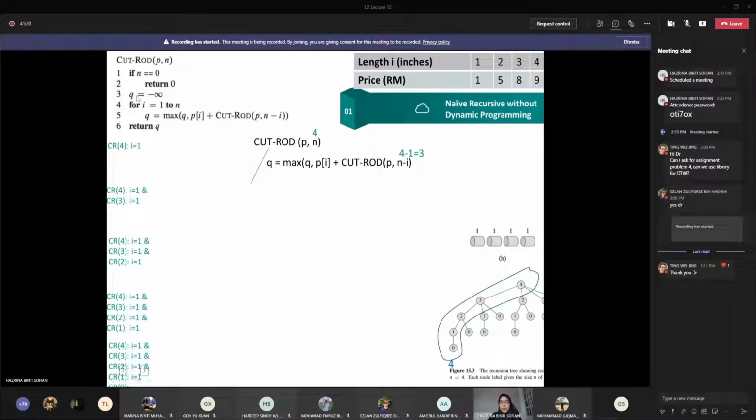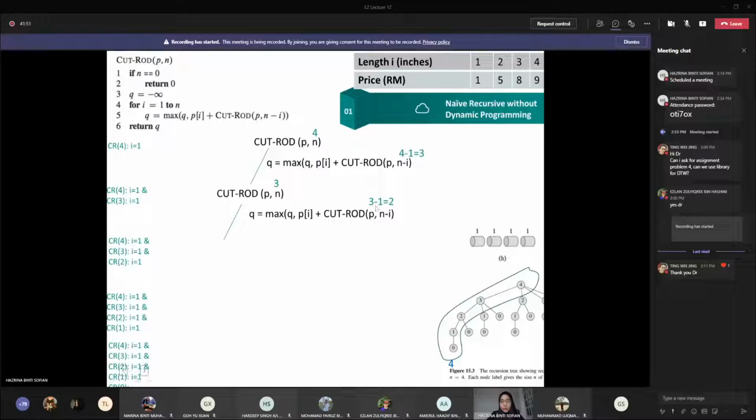Line number 3 is Q. Q is the maximum price for that particular N. So here N is 4, I is 1. So 4 minus 1 is 3. So we will call cut rod 3.